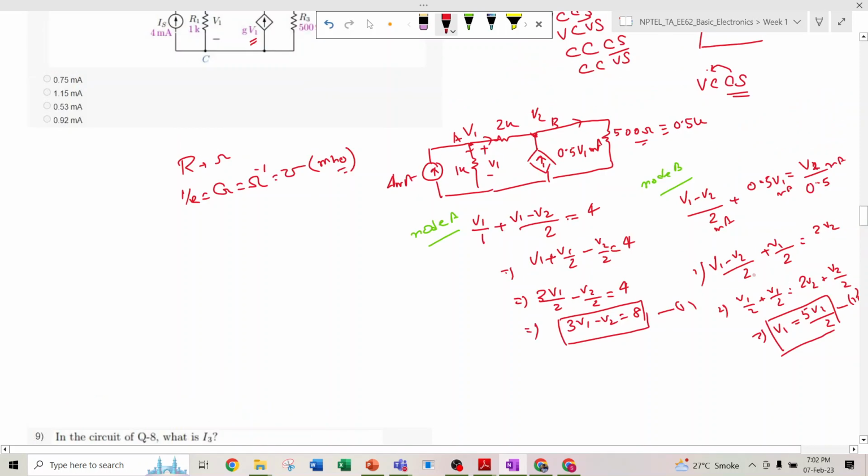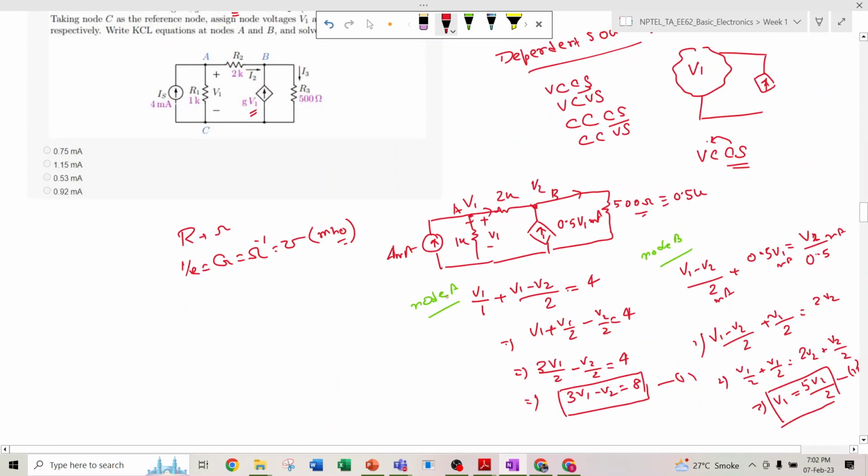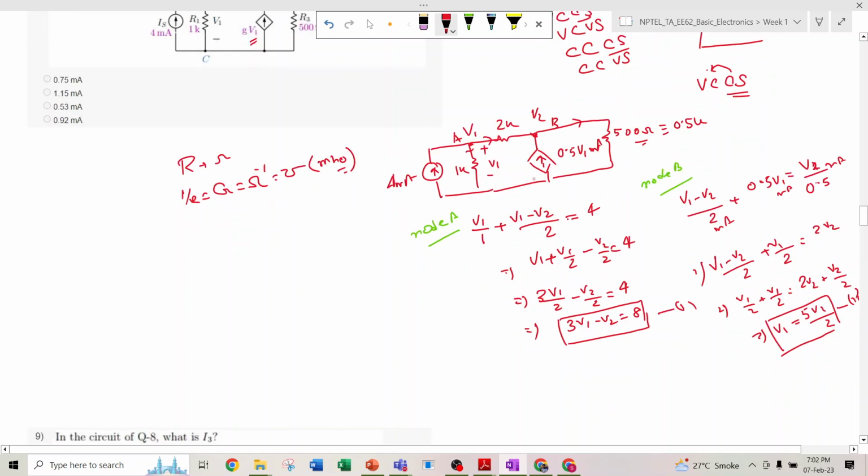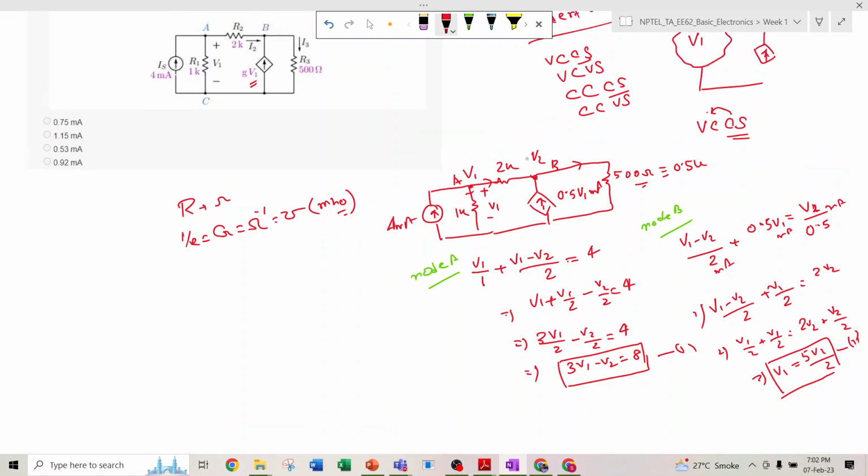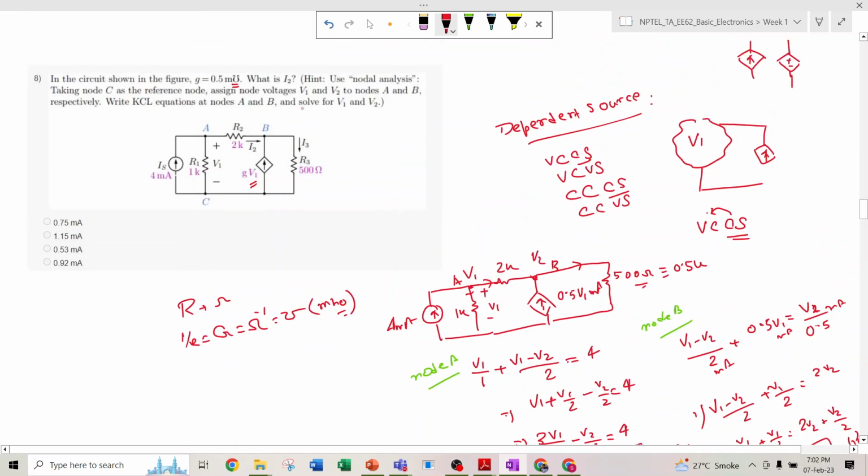Okay. So basically we need to solve the equations so that we can get the values of V1 and V2, and so we can easily find out I2 as V1 minus V2 divided by 2.